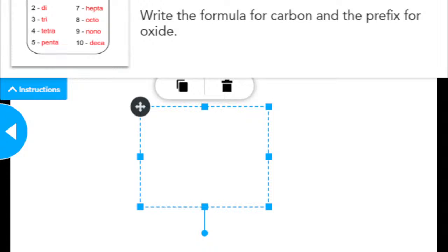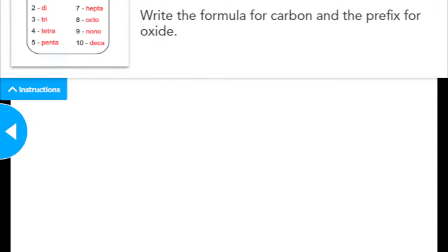The compound formula is CO2. And CO2 only has 1, so there isn't really a prefix that can go there.